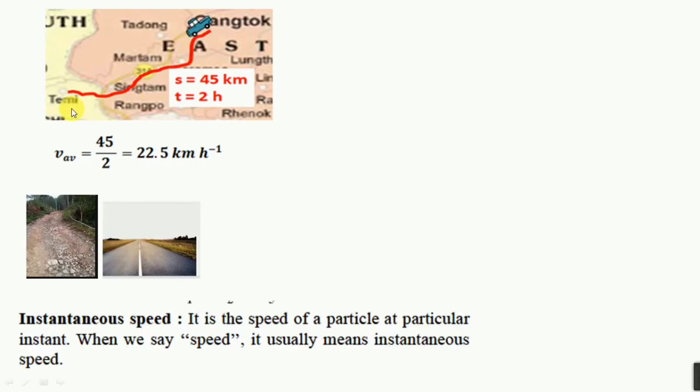So we have to have instantaneous speed. Instantaneous speed means speed at a particular time. It may be out here, it may be out here, it may be on the smooth road, or it may be on the rough road. So speed at a particular point is called the instantaneous speed. This is the formula for speed, that is change in distance by change in time.